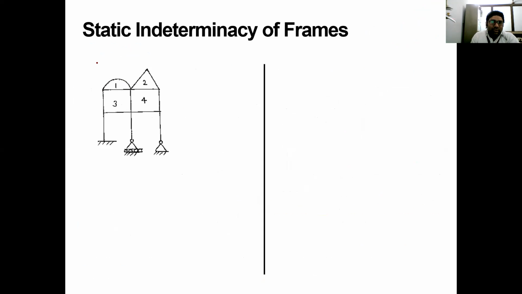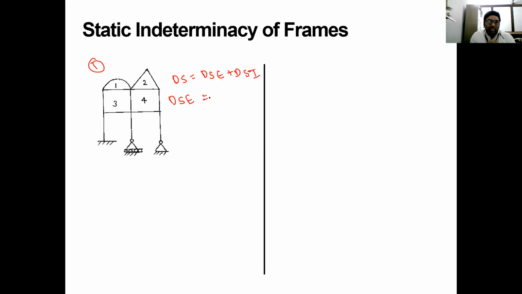Okay, so this is the frame given. This is the first example. All of you be ready. DS is equal to DSE plus DSI. Very, very important problem for mid as well as external exams.